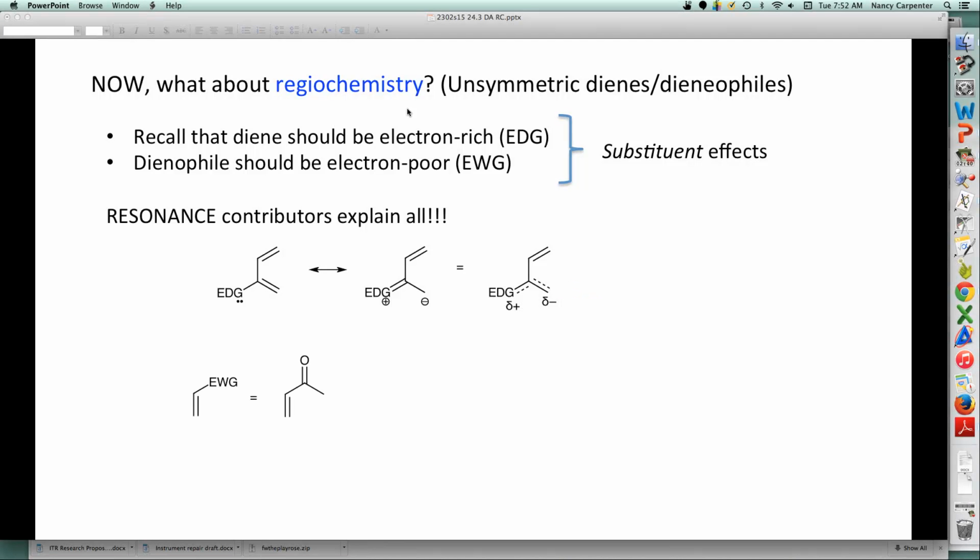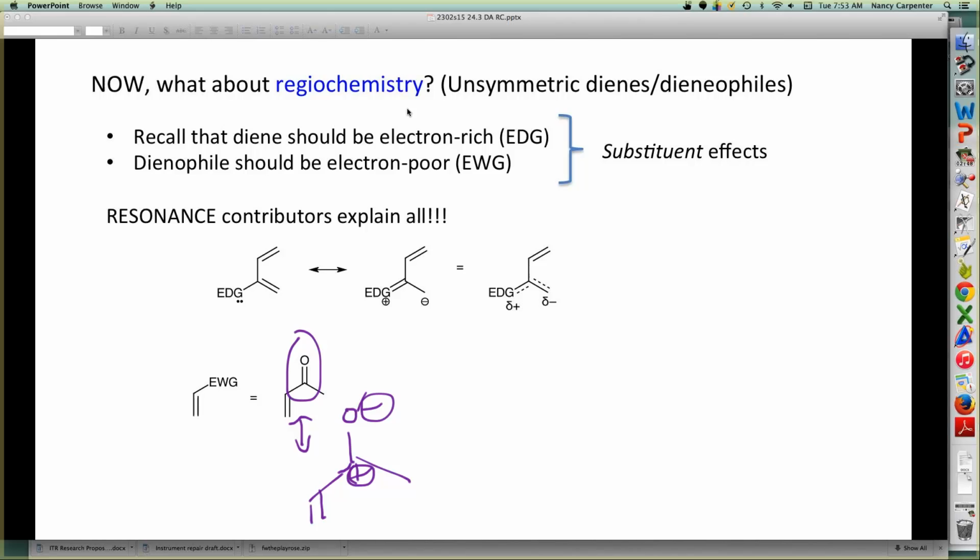Now if we look at the dienophile, remember the dienophile should be electron poor, so we have, say, an electron withdrawing group on it. For example, we know that a carbonyl is electron withdrawing because we can draw this resonance contributor, just from pulling the pi electrons onto the more electronegative element, the oxygen.